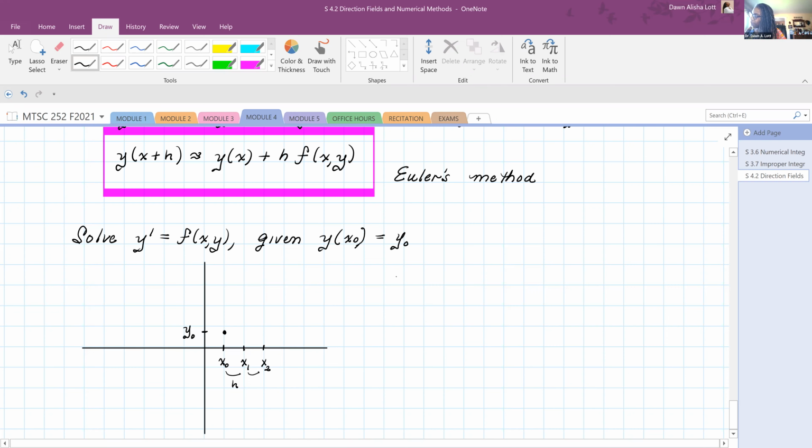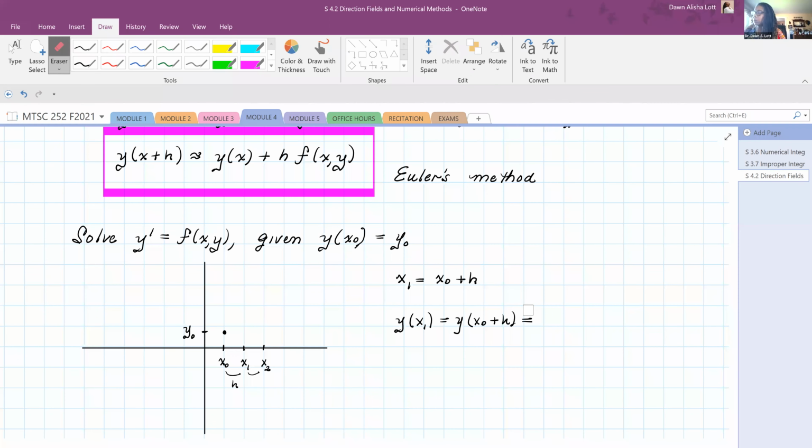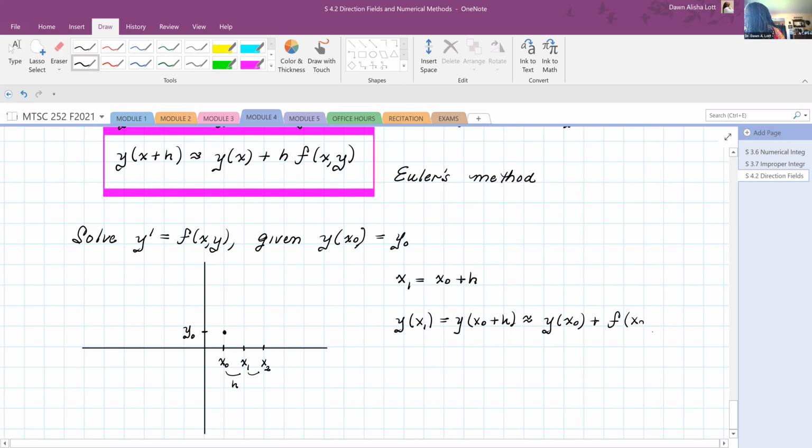Well, if x1 is x naught plus h, then I know that y of x1, which is y of x naught plus h, is going to be approximately y at x naught plus h times f of x naught and y naught.